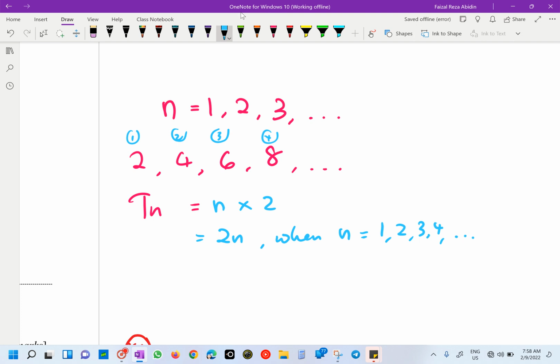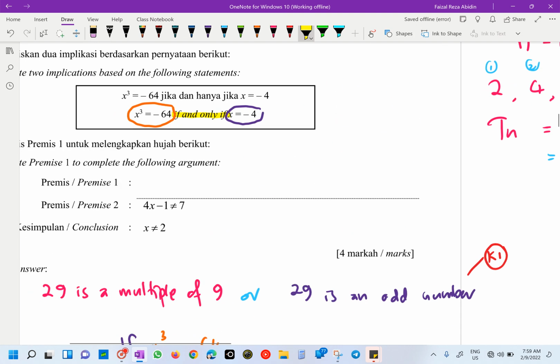When n equals to 2, you get 4. When n equals to 3, you get 6. What I stress here is the 3 dots. Less than or more than 3 is wrong. Must be 3 dots. It's a bit rigid.